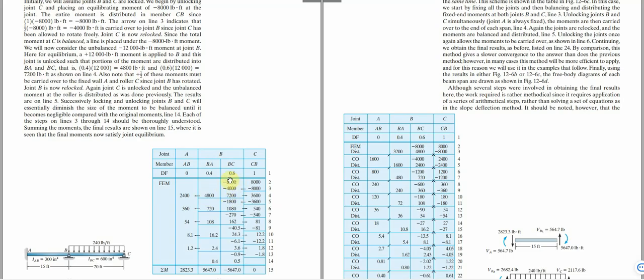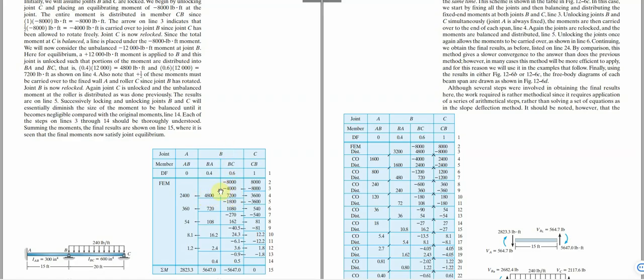This minus 12,000 that we summed here, we multiply with this: minus 12,000 times 0.4 will give us 4,800. Then minus 12,000 times minus 0.6 will give us 7,200. If you add 7,200 plus 4,800, it gives us the same 12,000, which is this total of 8,000 and 4,000. The only difference is that because we are multiplying with the negative of this, if this one is negative, we will have this one as positive.